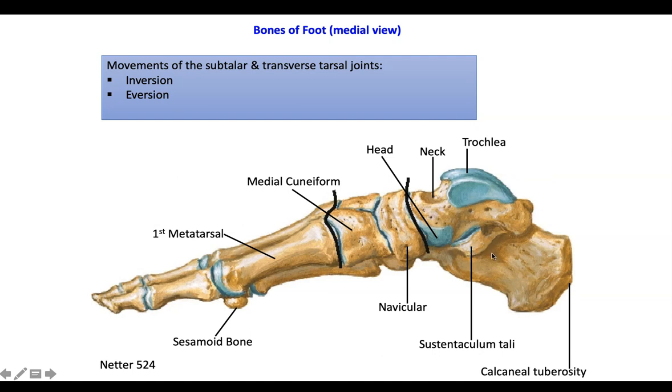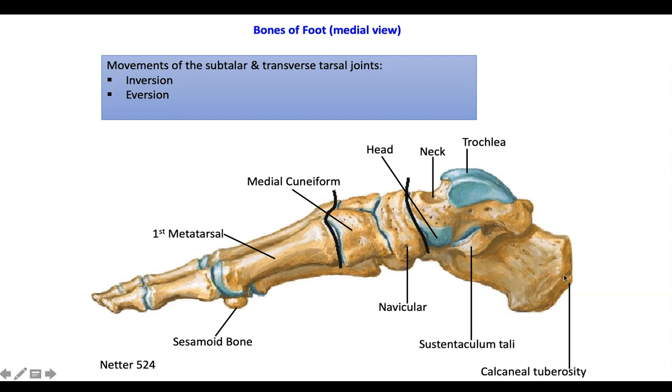The calcaneus, on its medial aspect, has a shelf-like bony projection which is called the sustentaculum tali, and the head of the talus rests on this sustentaculum tali. That's why its name is sustentaculum tali, because it gives sustenance to the talar head. It forms the talocalcaneal joint.